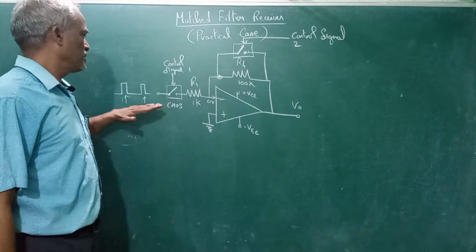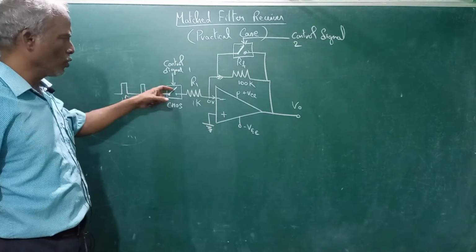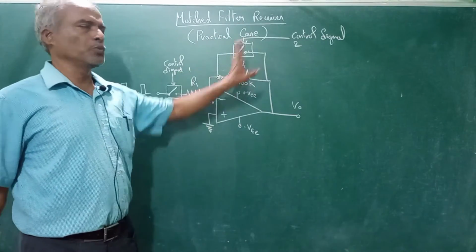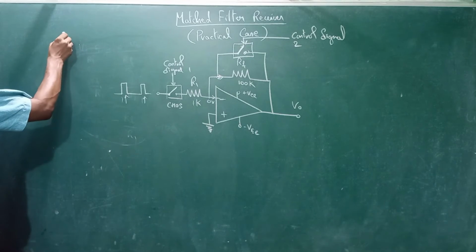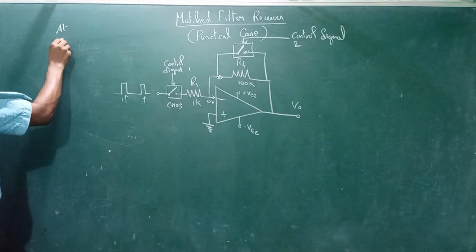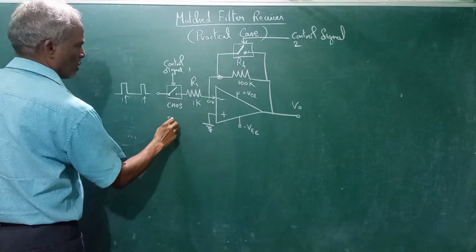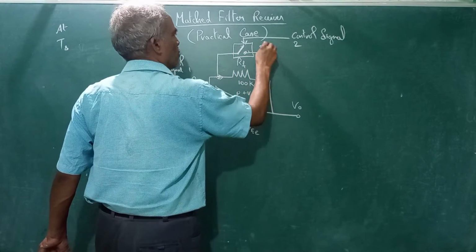So the idea is, when the signal is expected to be received at the sampling point, you close the first switch and open this second switch. I am calling this switch 1 and this switch 2.